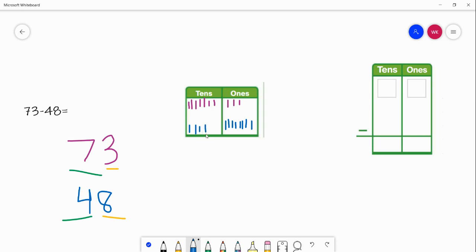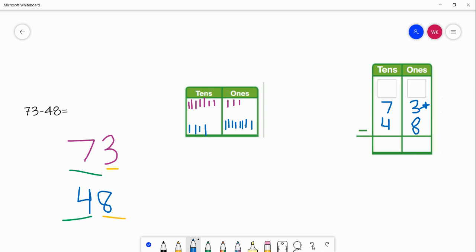So we should know already, looking at our ones, that we need to regroup because 3 is a smaller number than 8. So we know that we're going to have to regroup in this problem. So our equation is 73 minus 48.